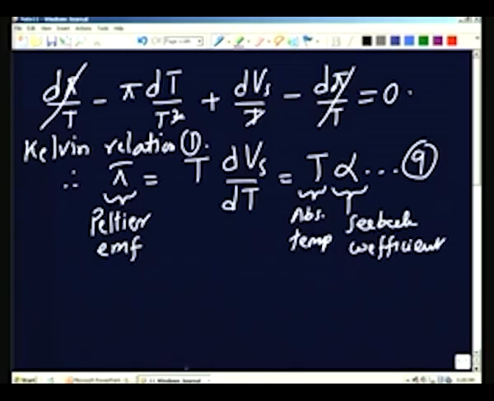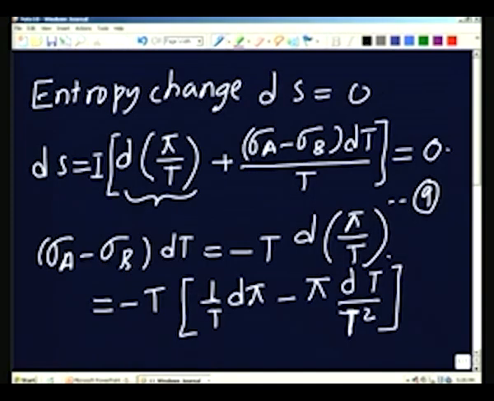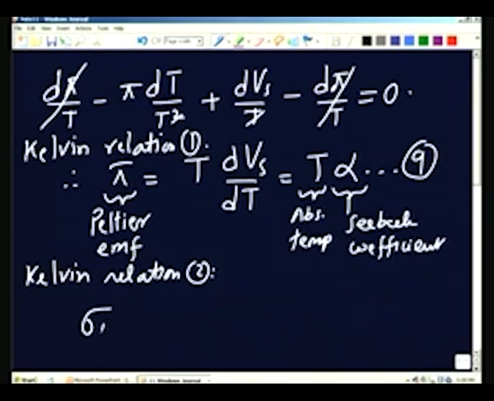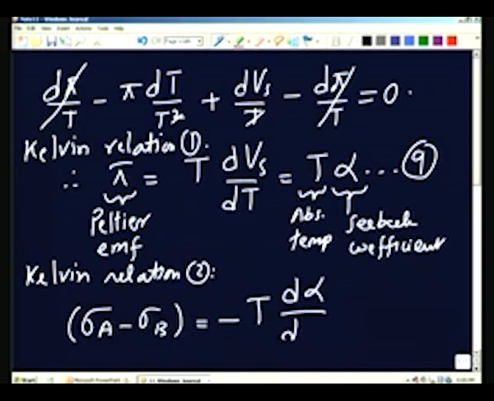And in fact, you can go back and see that if I go to the previous expression, sigma a minus sigma b dt equal to this, and now again I have already got the value of pi in terms of alpha. So, all I have to do is substitute here, and if I simplify it further, I should be able to get the second Kelvin relation, Kelvin relation 2, and I will just give the answer: sigma a minus sigma b is equal to minus t d alpha by dt.